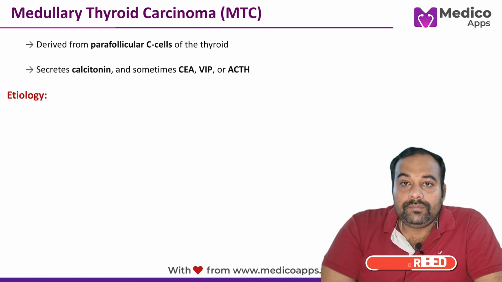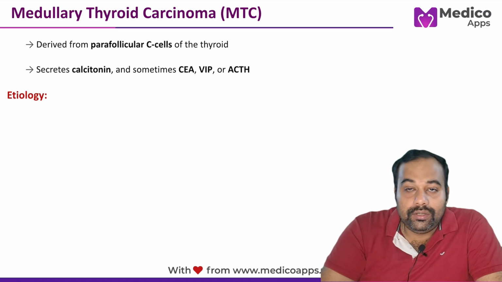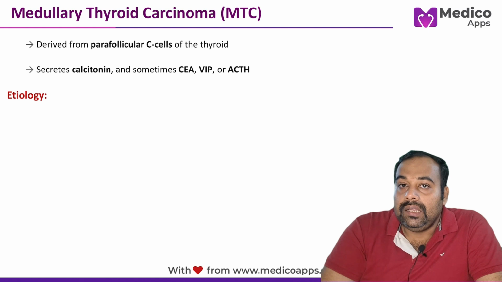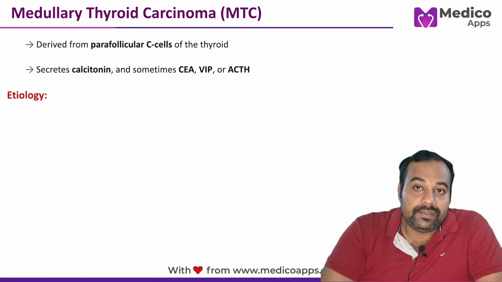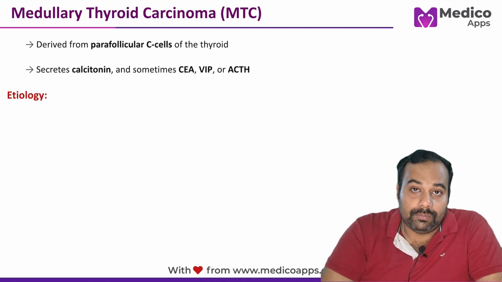Okay, so the etiology behind the development of medullary CA thyroid could be either familial or sporadic. Here the familial percentage is much more than in the other variants of thyroid carcinoma, right?